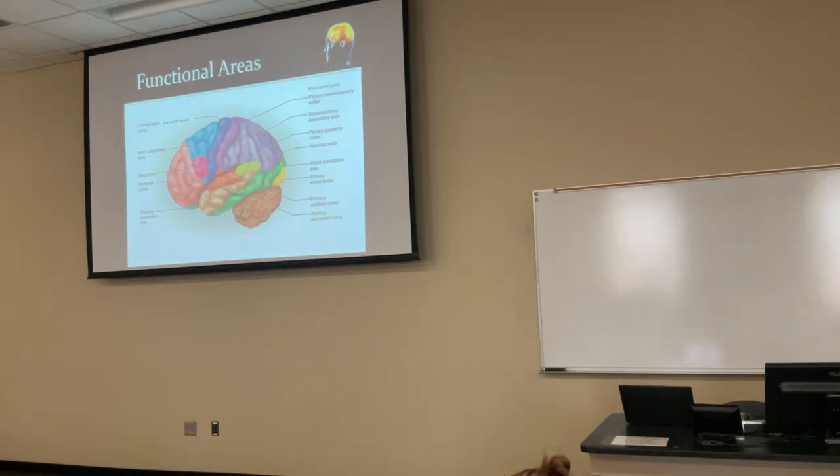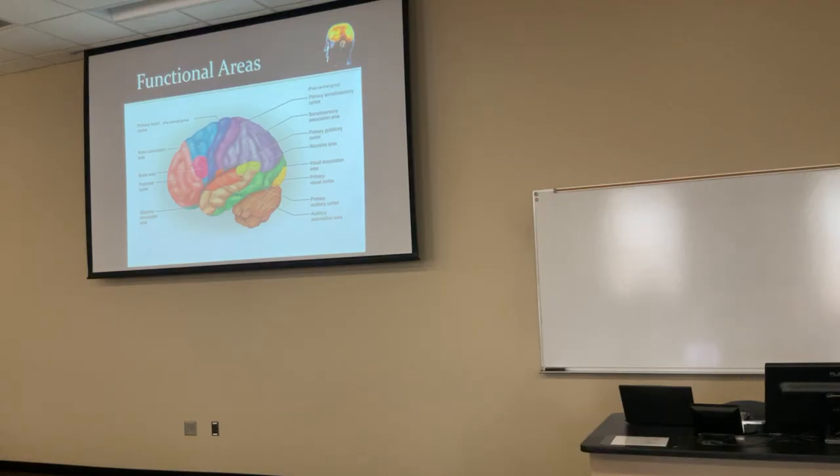That's the part of the brain that controls voluntary motor activities of different parts of the body. And then right next to it, just posterior to the central sulcus, which is this groove right between those two ridges, is the postcentral gyrus, which is called the primary somatosensory cortex.